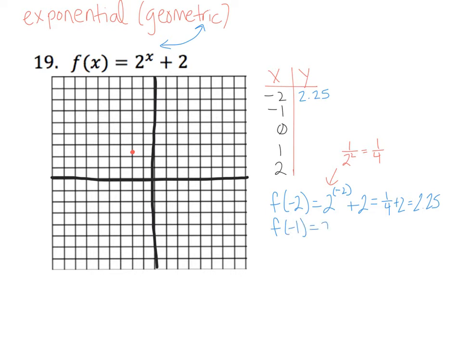So that's going to be 2 to the negative 1 plus 2. And 2 to the negative 1 is going to be 1 over 2 plus 2, which is 2.5. So then I'm going to go to my graph, and I'm going to go over to negative 1 and up 2.5. Again, a little estimation there-ish.